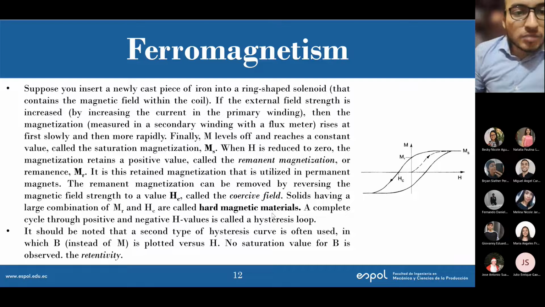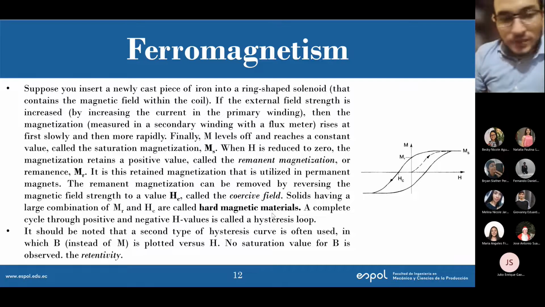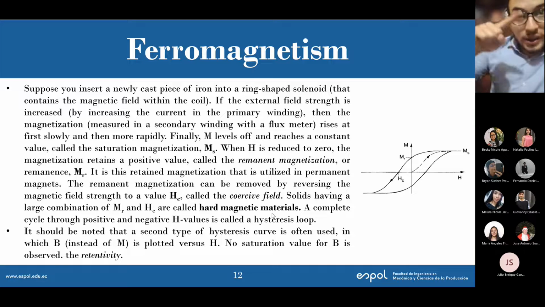Let's imagine you have a newly cast piece of iron and you put it into a solenoid, obviously a ring-shaped solenoid. As you know, that solenoid has a magnetic field within the coil, within the turns, right? If the external field strength is increased, once I increase the current, remember that the field strength is directly proportional to the current, if you remember the equations in the first slides.